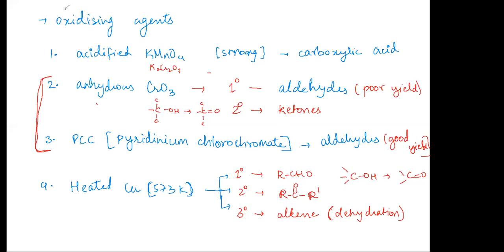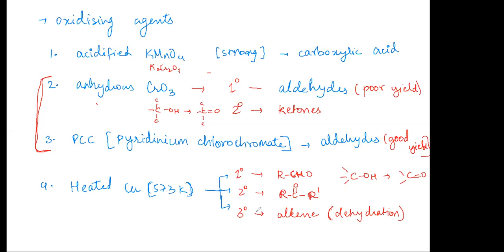Oxidation being the reverse of reduction, the reverse is happening. So if I take a secondary alcohol, remove the hydrogens and the single bond turns into a double bond and you get a ketone. And with a primary alcohol, because you still have one more hydrogen connected to the carbon, you get aldehydes because then it is at the end of the chain.